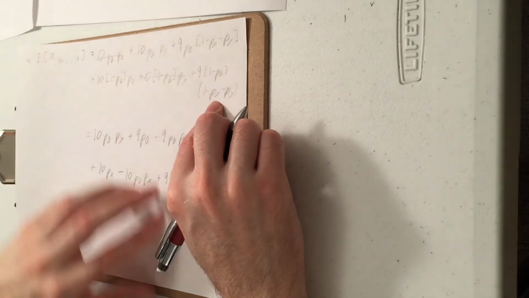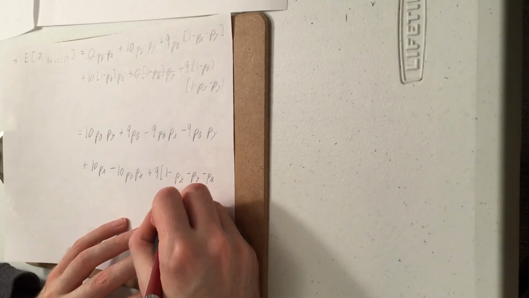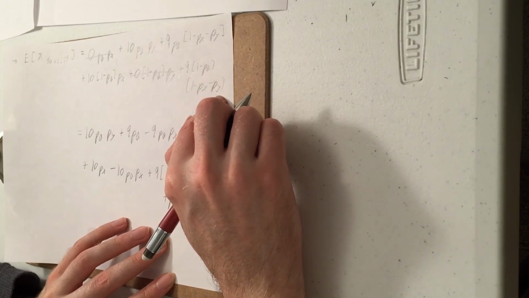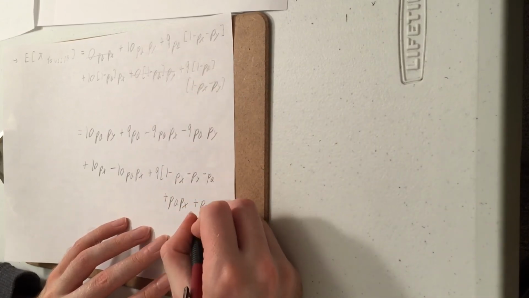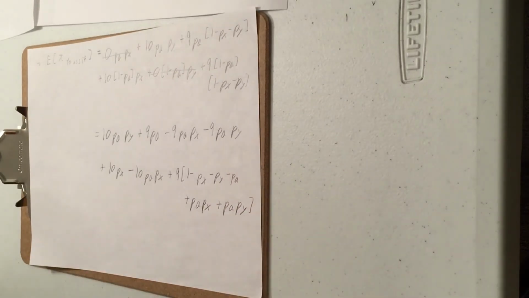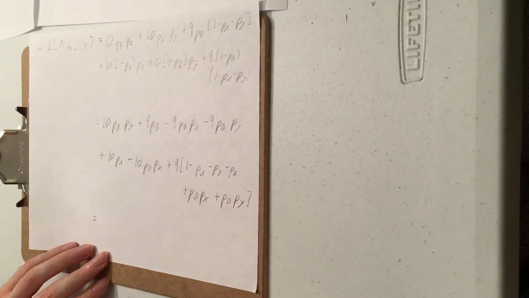Minus PA times minus PX is plus PA PX. Minus PA times minus PY is plus PA PY. Trying to see if I can cancel more stuff here. Yes, I can. So let's expand this one.